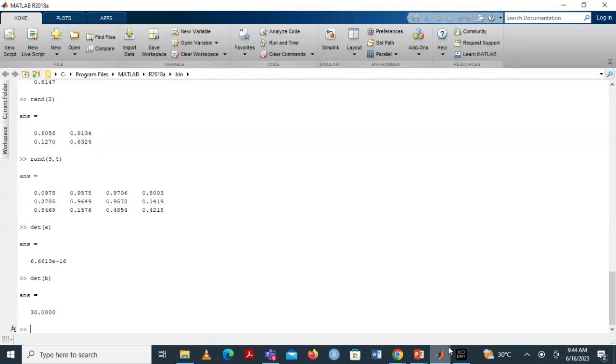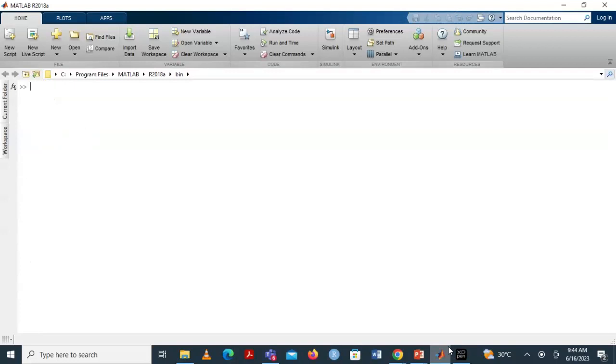Okay, so now let me clear the screen. So now let's type the two matrices, that is the matrix of A and that of B.